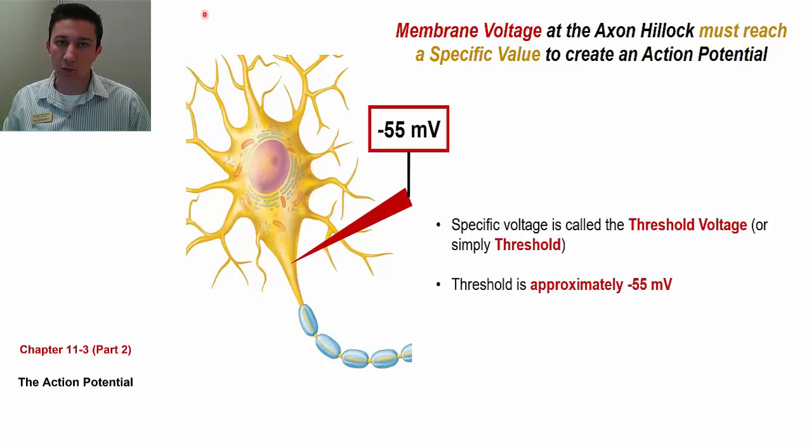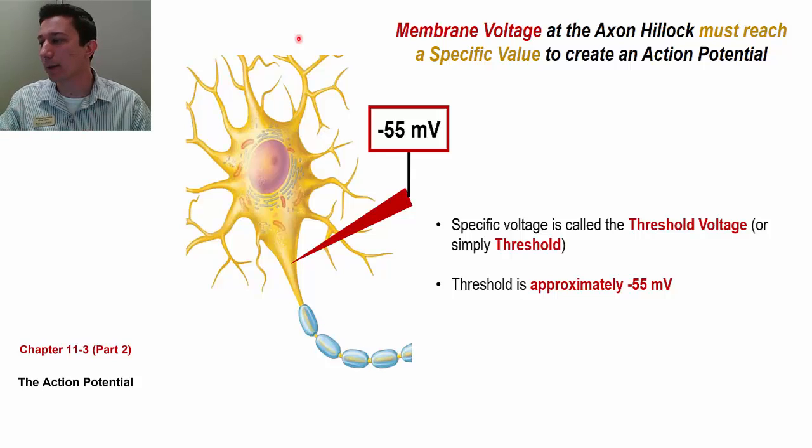Right? This threshold voltage, here we've got a little voltmeter here with our readout. Recall that resting membrane potential in a neuron is somewhere around minus 70 millivolts. And threshold voltage is about minus 55 millivolts, which means that our membrane voltage needs to rise. It needs to become more positive by about plus 15 millivolts.